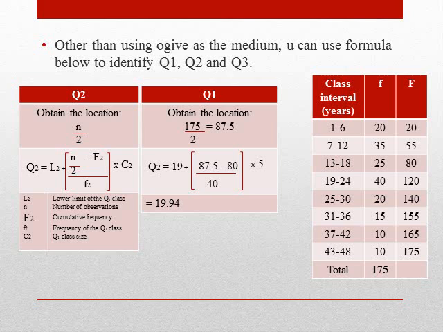First we need to obtain the location: 175 divided by 2, or 1 over 2 times 175, so we get 87.5.